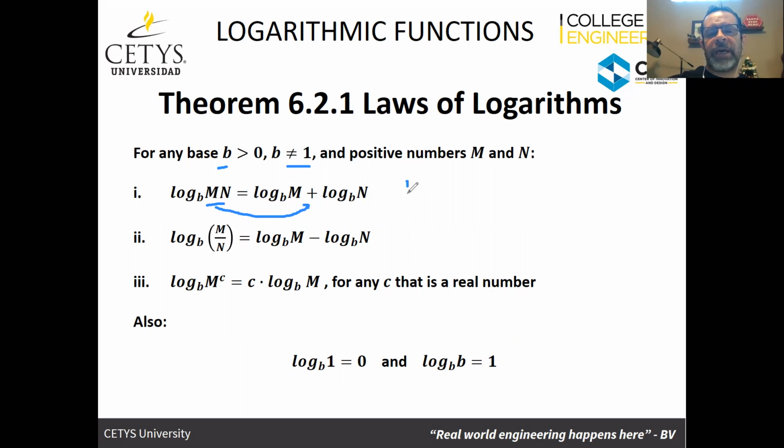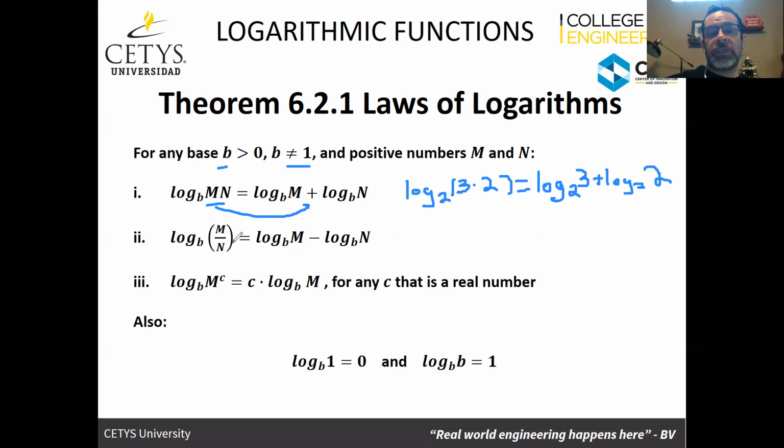So for example, if I have log base 2 of 3 multiplied by 2, then this would be the same as having log base 2 of 3 plus log base 2 of 2. Something similar happens with the division.